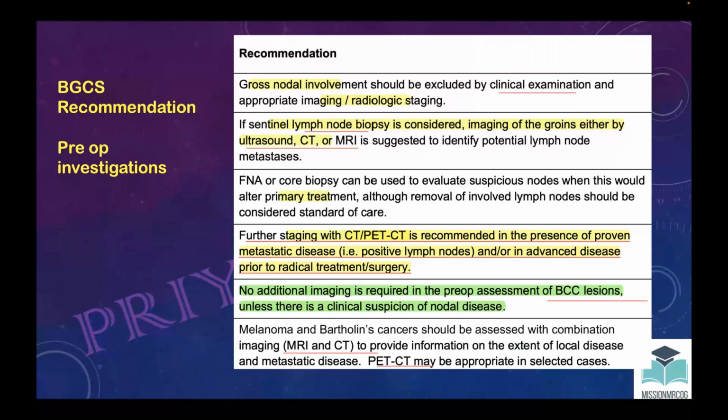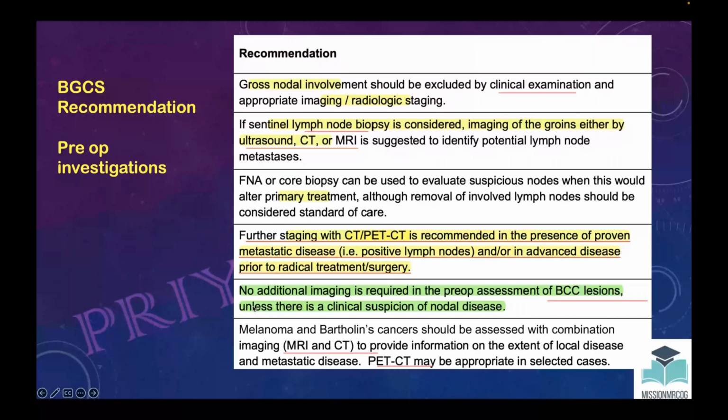Additional imaging for basal cell carcinoma is not done unless the lesion is too large. For melanoma and Bartholin cancer, imaging is to be done to find out local disease and metastatic disease. Okay, so these are the recommendations by BGCS for pre-op investigation.